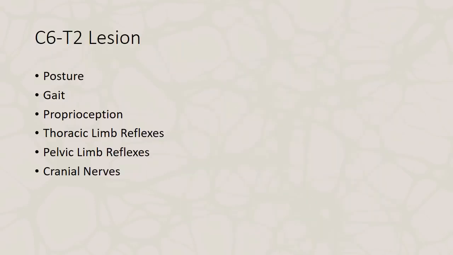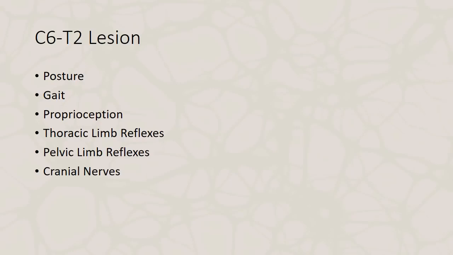For a C6 to T2 lesion, again behavior and mentation should be normal. Their posture can depend on the severity of it. So if it's a severe enough lesion, they can be in lateral recumbency. For their gait, as we observed in that patient before, they'll usually have a short choppy gait in the thoracic limbs and a long strided gait in the pelvic limbs.